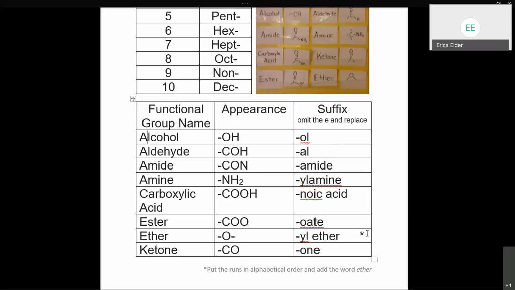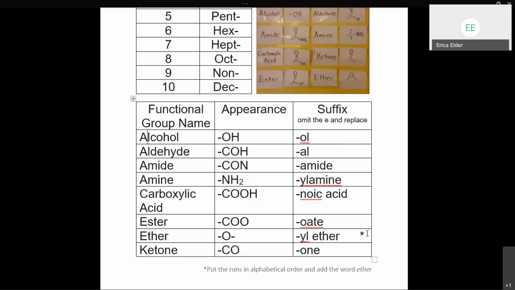And one thing you will note, they will be alkyl runs. So instead of having the normal ending of ane, ene, or yne, you will actually replace the ending with YL. So you would use the appropriate prefix for the number of carbons, and when you're naming a compound that contains ether, your ending will actually be YL.